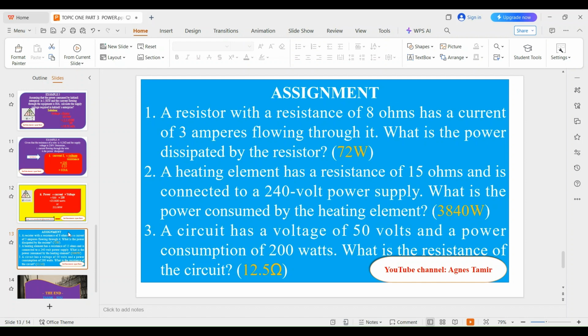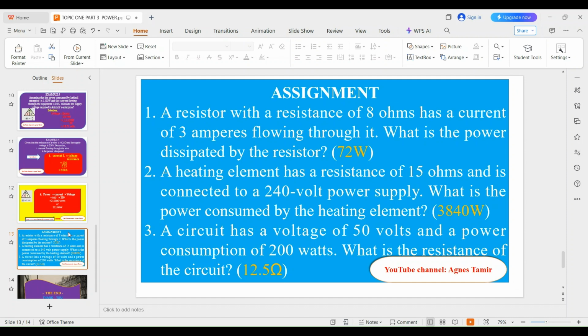A resistor with a resistance of 8 ohms has a current of 3 amperes flowing through it. What is the power dissipated by that particular resistance? Here you have resistance and you have current. Which expression are you going to use to calculate that?